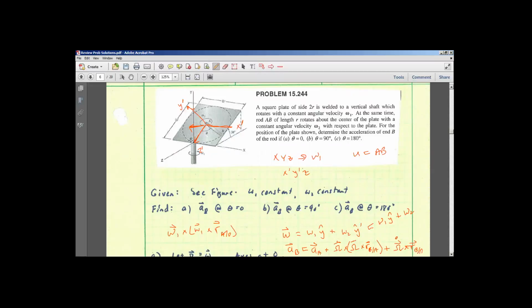So if I was solving this, Jason, you're talking about doing this one right here, then this would be my setup, and I would basically have forces and moments in all directions.